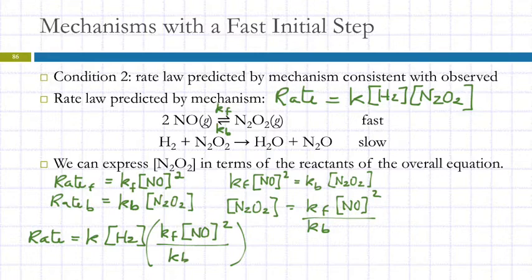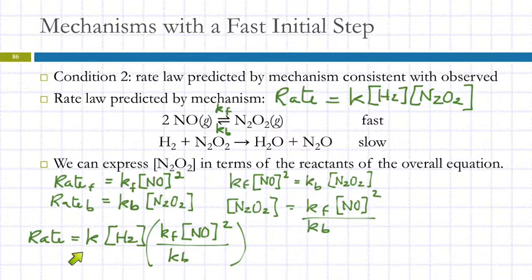I took this equation, divided both sides by Kb, and just flipped it around. So this is equal to Kf times NO squared divided by Kb. And then we're going to plug it into this equation instead of N2O2. It doesn't matter which reactant you put first, because the order of multiplication doesn't matter.